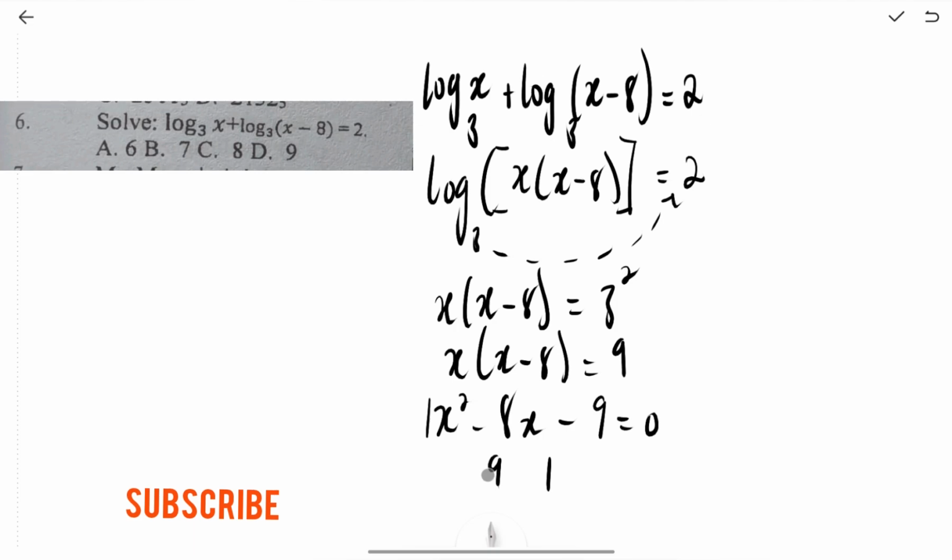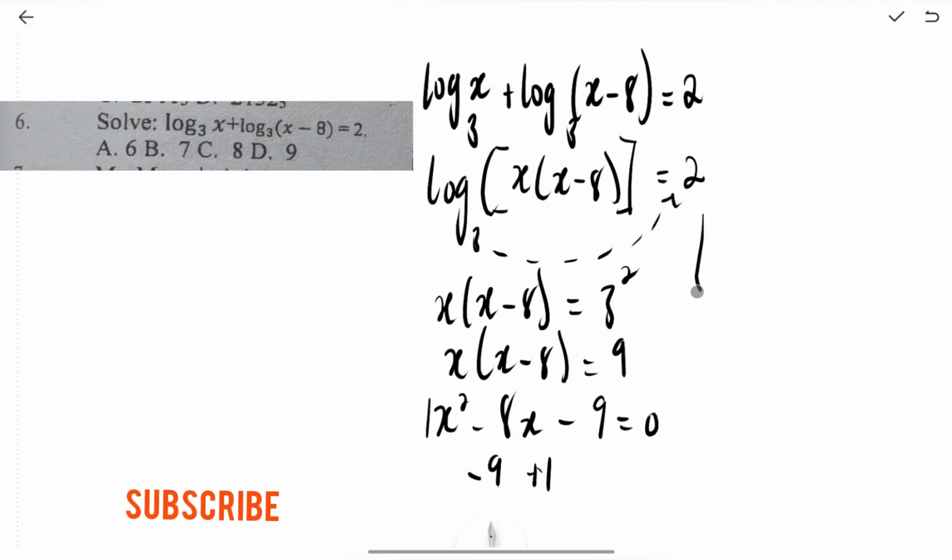But you have minus here, so your signs should be minus and plus, or plus and minus. Then consider minus 8 here. 9 minus 1 will give 8, but minus 9 plus 1 gives minus 8. So we are going to have a minus here and a plus here. Checking again, multiply them together, you get minus 9; add them together, you get minus 8. That is how to use the factorization method.